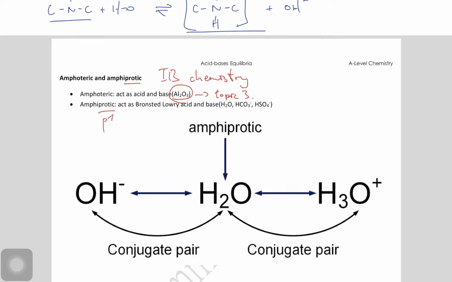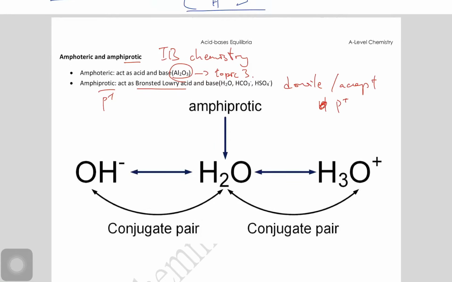So not just being an acid or base, it has to be a Bronsted-Lowry acid or base. That means it would donate and accept protons. So it's a specific requirement.